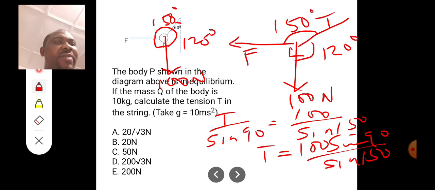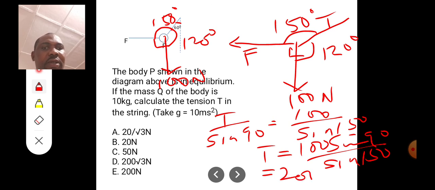So I have my calculator here. Let's do that quickly. We're going to have 100 sine 90 divided by sine 150. So the answer I'm getting here is 200 newtons. So we say T is equal to 200 newtons. Now this formula I used is Lami's theorem.